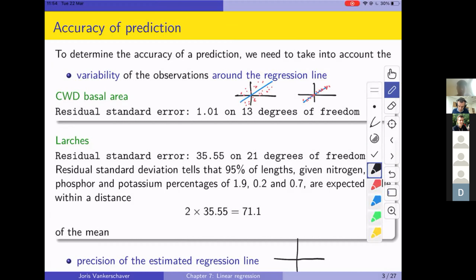Well, when we build our coefficients, those themselves are estimates. If we had another data set, we would have a slightly different regression line, and that line could be different by a lot or by not so much. So our regression line in and of itself is also subject to variability.